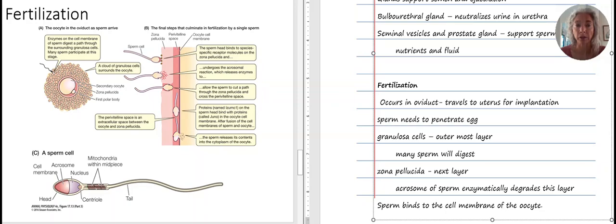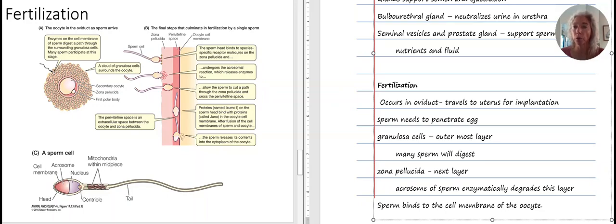These enzymes are going to help it to breach the next layer, the zona pellucida, and only one sperm is going to be able to get through the zona pellucida. Once a sperm breaches the zona pellucida, it will bind to the cell membrane of the oocyte.